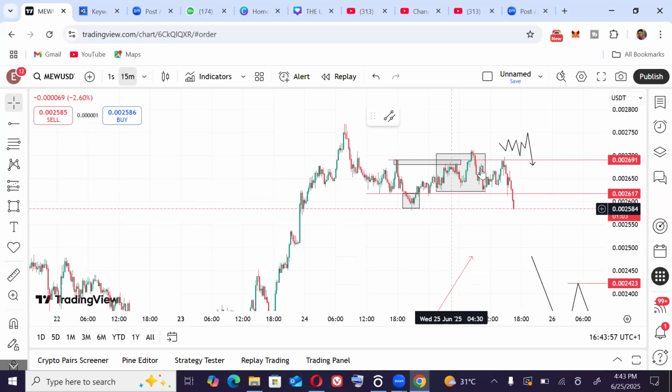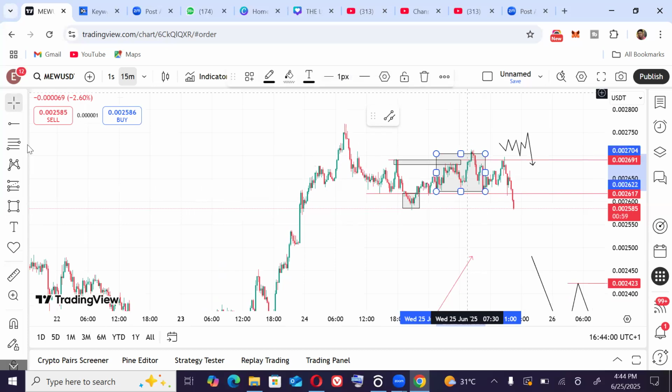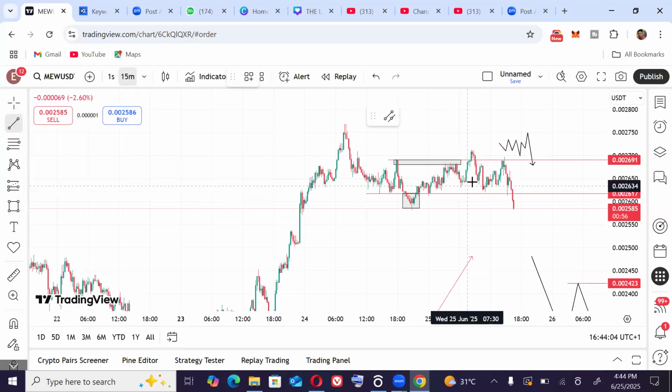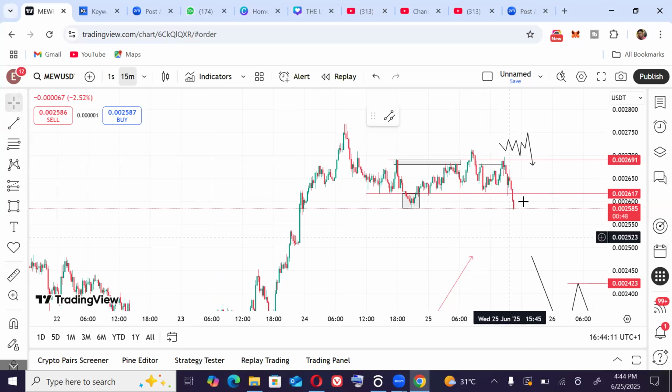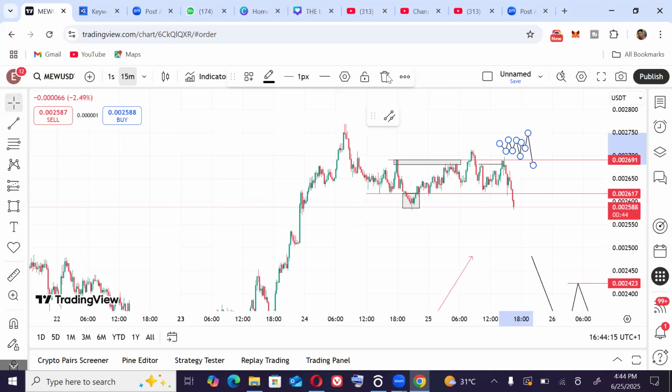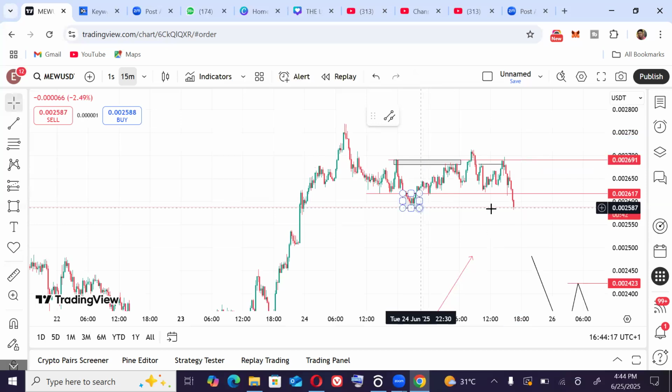Now, we retraced back again, sweeping this inducement. Retraced back again, sweeping this inducement. Then price is doing its thing right now because we are selling massively to the downside. This is just a superb entry.